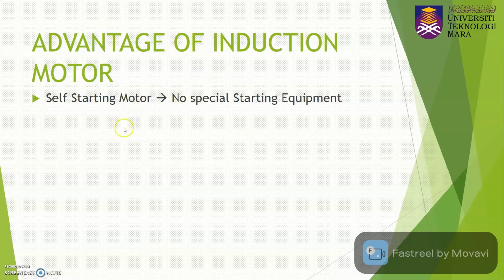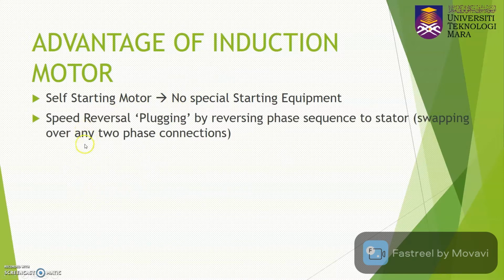That's why we call it an induction motor. The induction motor also has speed reversal plugging by reversing the phase sequence to the stator, meaning that you just need to swap any two phase connections for the three-phase induction motor to get the speed reversal plugging condition.